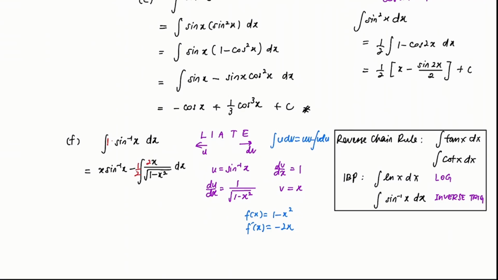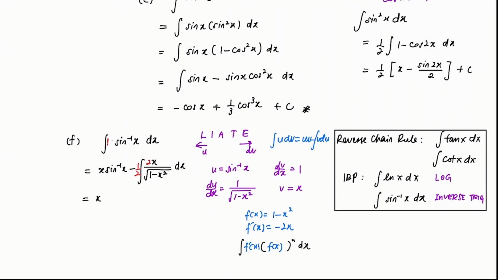Then the next thing is, what is the structure of this integration? We're actually integrating the square root. So this is the kind of function where the f x is inside the power function, and in this case it is power half.